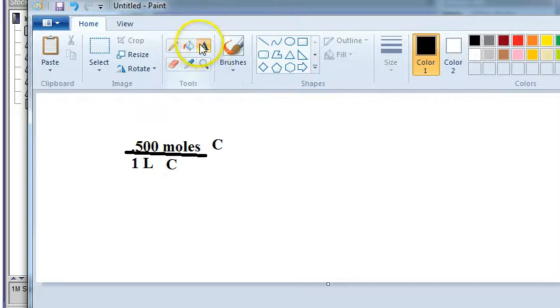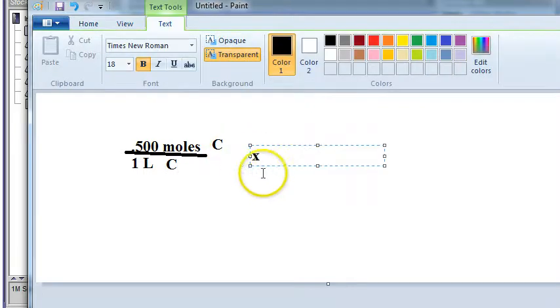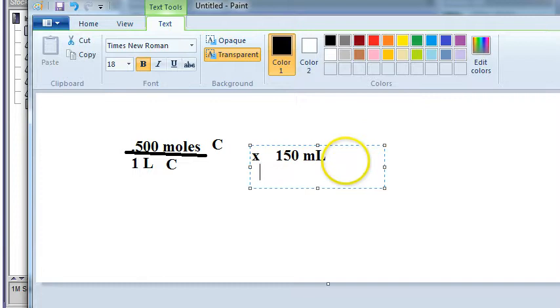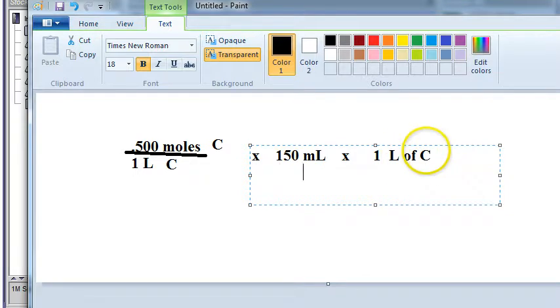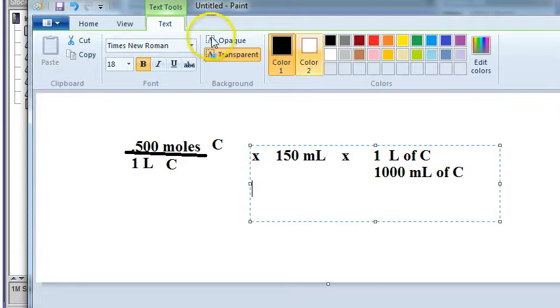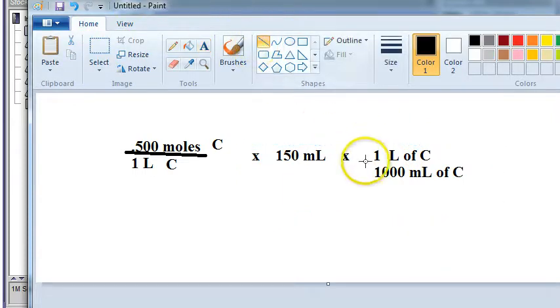Okay. And that times how many milliliters was it? It was 150 milliliters. But you need to convert that to liters. So we can just do it like this: 1 liter of C is 1,000 milliliters of C, right?